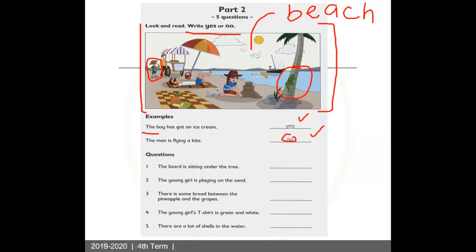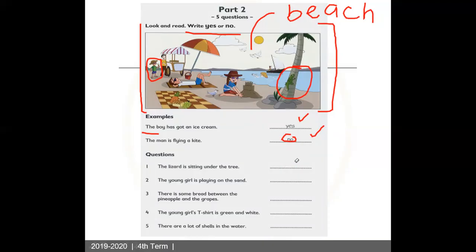Is he sitting under the tree? No, he's not sitting, but he's climbing the tree, right? He's not sitting under the tree. He's climbing the tree. So you have to put no.